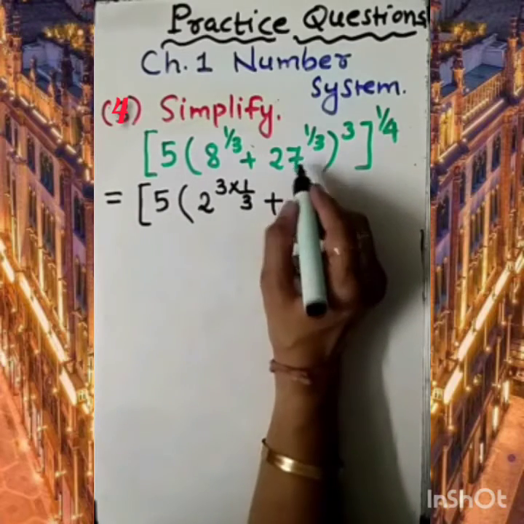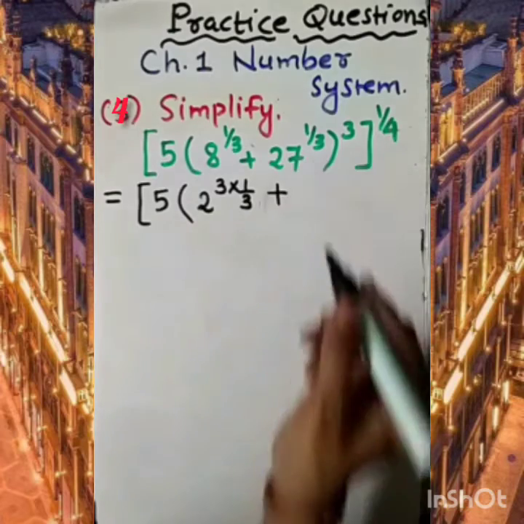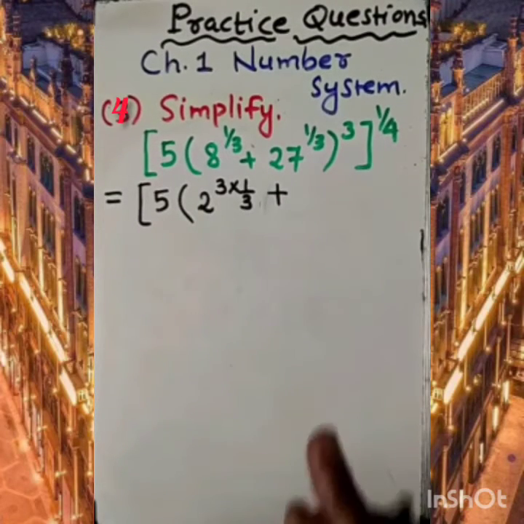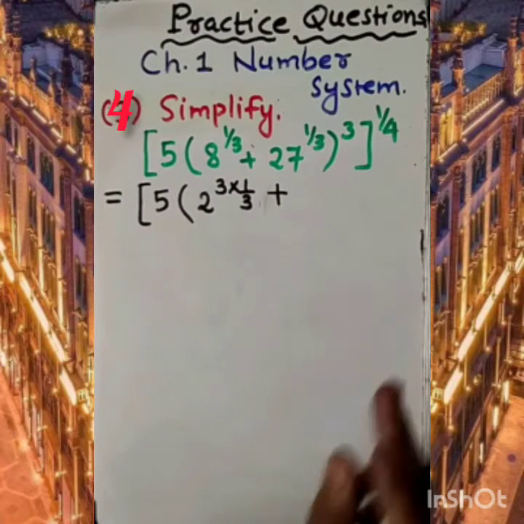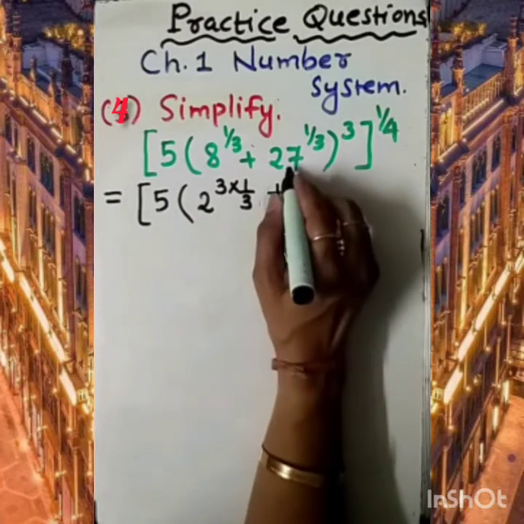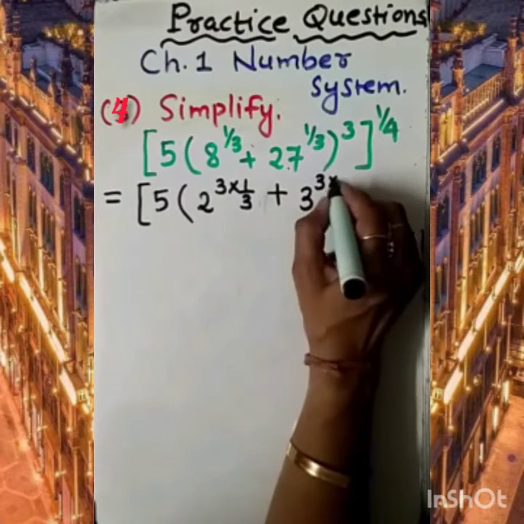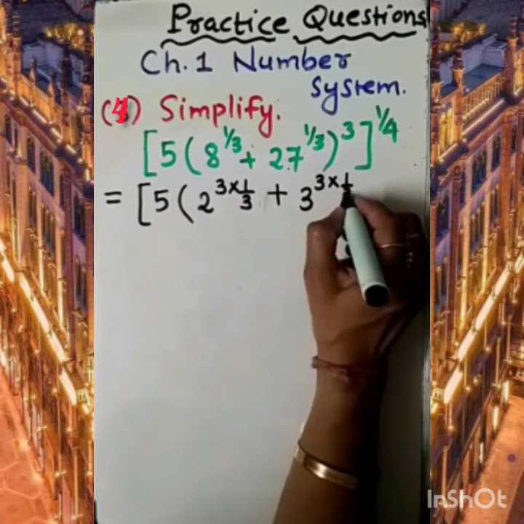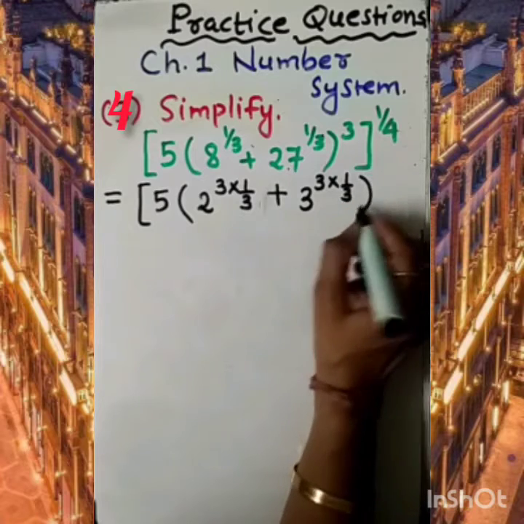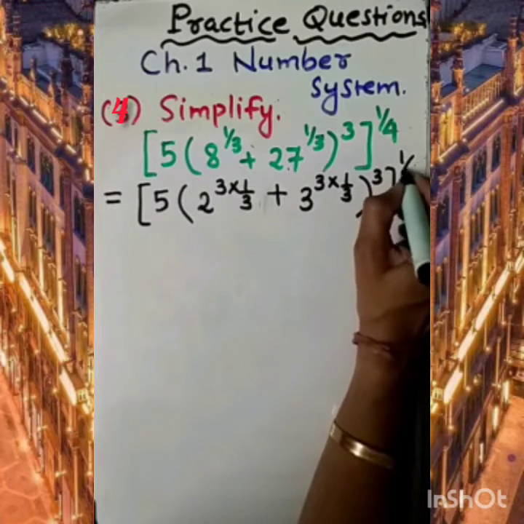Same thing, work out on 27. Think about 27. 27 also can be written as 3 into 3 into 3. 3 threes are 9, 9 threes are 27. So 27 can be written as 3 to the power 3, and the power 1/3 is already there. And the bracket whole to the power 3, and here it is the power 1 by 4.